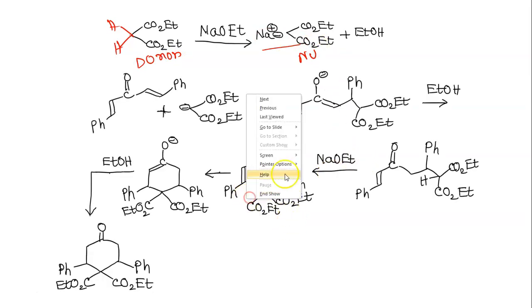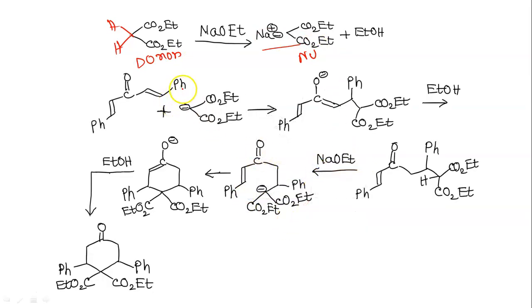Next, it will attack one of the CC double bonds. There will be an O minus. Finally, this O minus will shift the electron density towards carbon and it will take a proton from ethanol. So the newly formed CC bond is this.